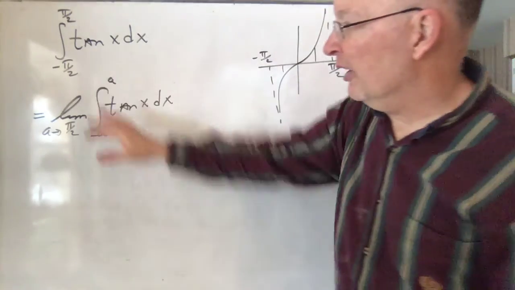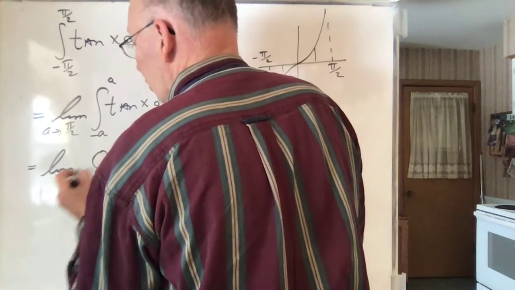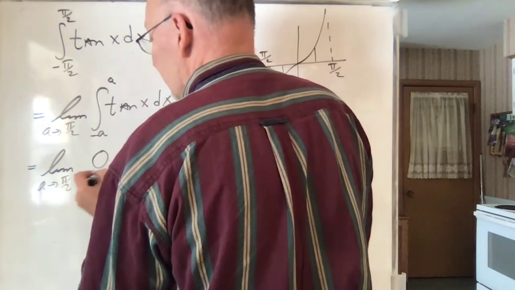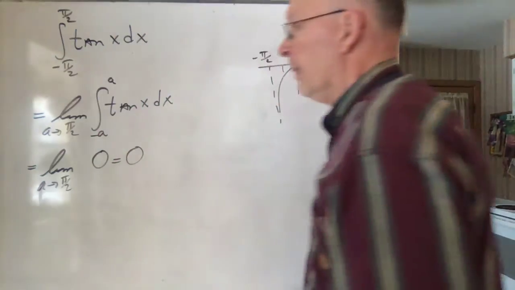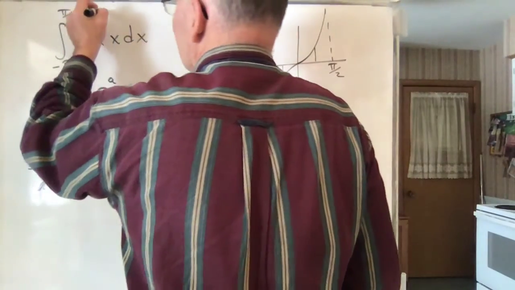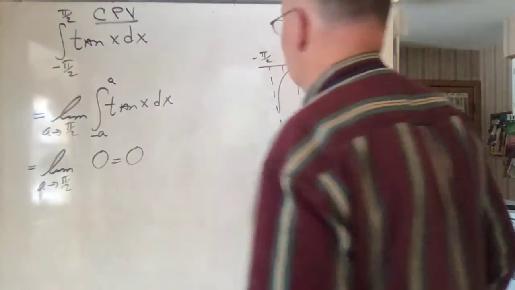So this whole thing here would be just the limit of 0 as a approaches pi over 2, which is 0. So that would be the answer using the Cauchy Principal Value. Okay, Cauchy Principal Value, this would be it.